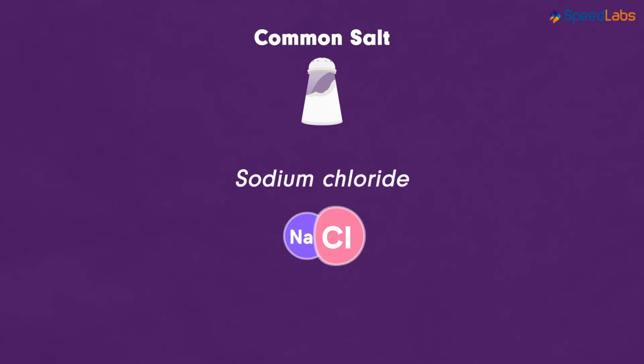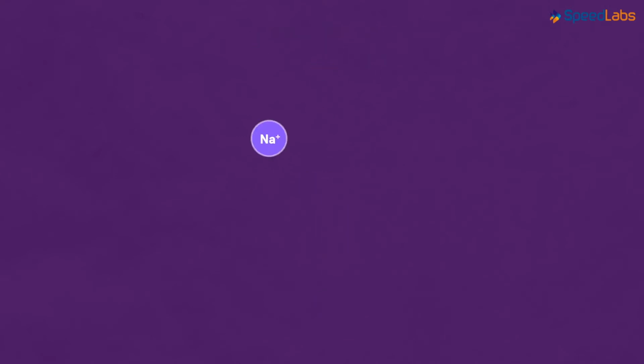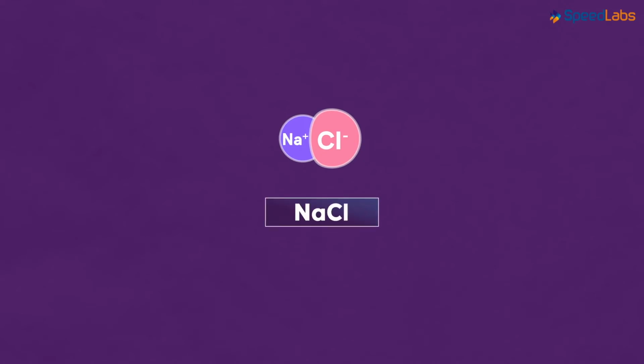The simplest one is that of common salt. Yes, sodium chloride, which we refer to as NaCl, is a compound formed by such a bond. When positively charged sodium cations and negatively charged chlorine anions get attracted towards each other, they form a very strong bond which gives us NaCl.